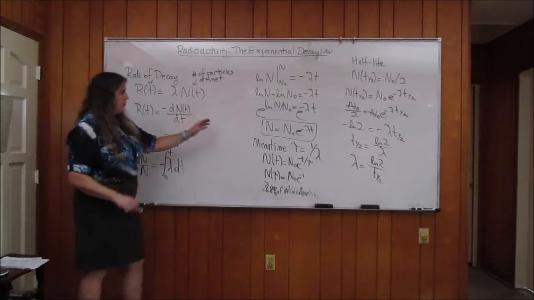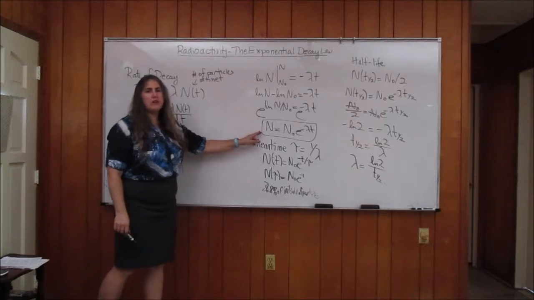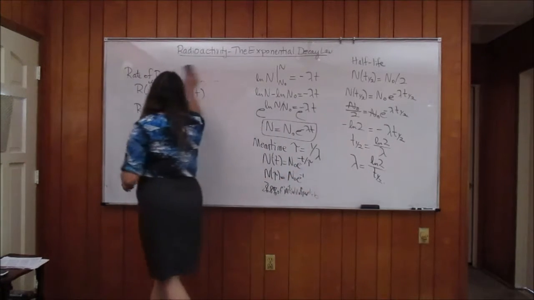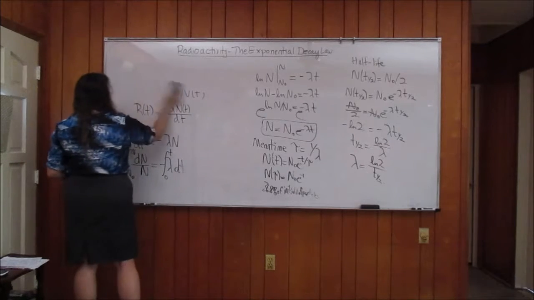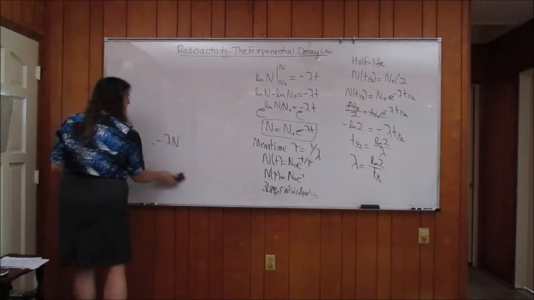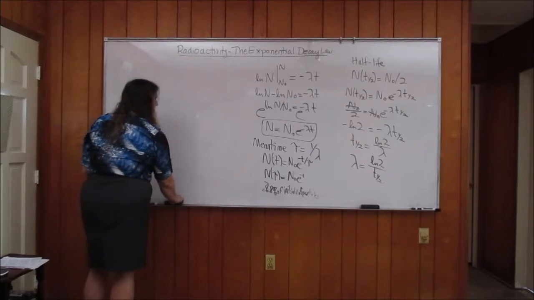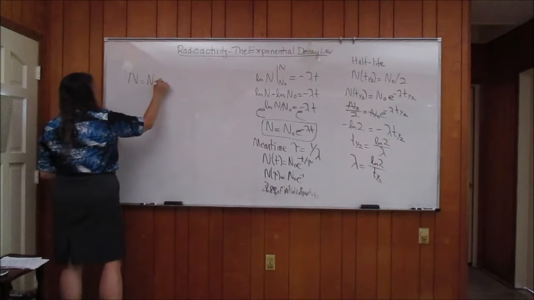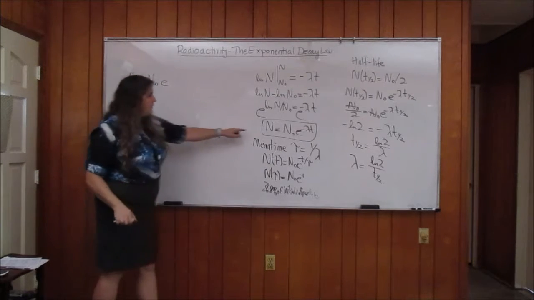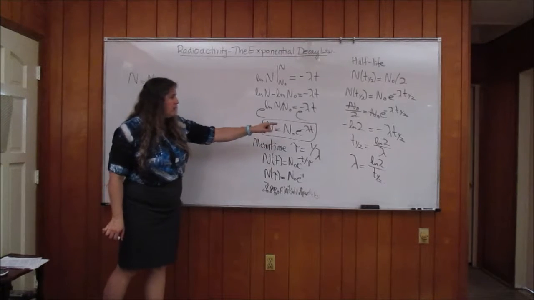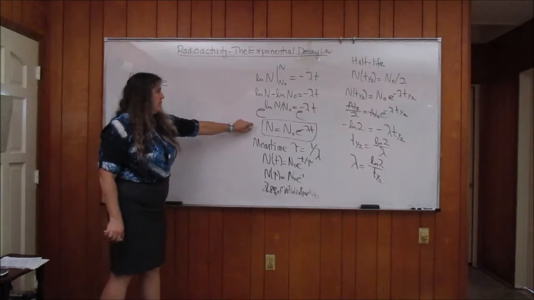So, as I mentioned, this is one way of writing the exponential decay law. I'm going to show you another way of writing it. I'm going to go ahead and substitute in this lambda written in terms of the half-life in here.